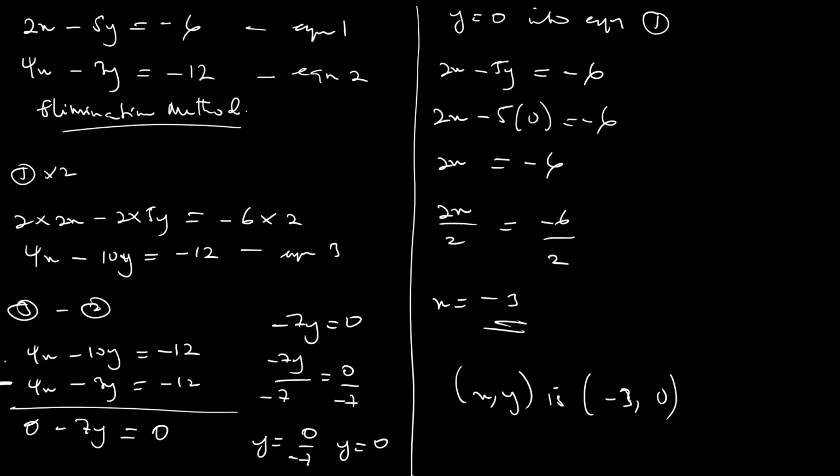Now let's solve the same question by method of substitution. Okay, so by substitution, we have 2x minus 5y equals to minus 6 being our equation 1.